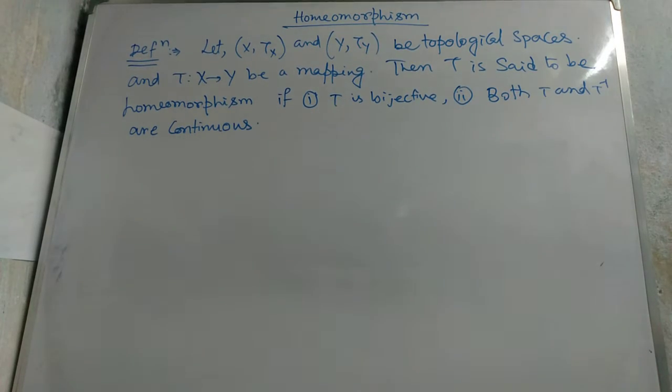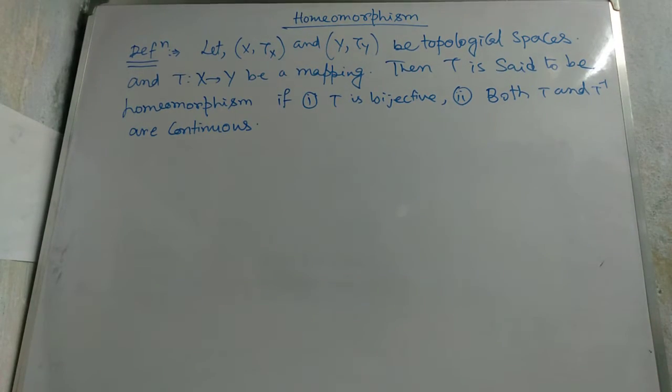Let (X, τx) and (Y, τy) be two topological spaces and T: X → Y be a mapping. Then T is said to be a homeomorphism if T is bijective and both T and T inverse are continuous.